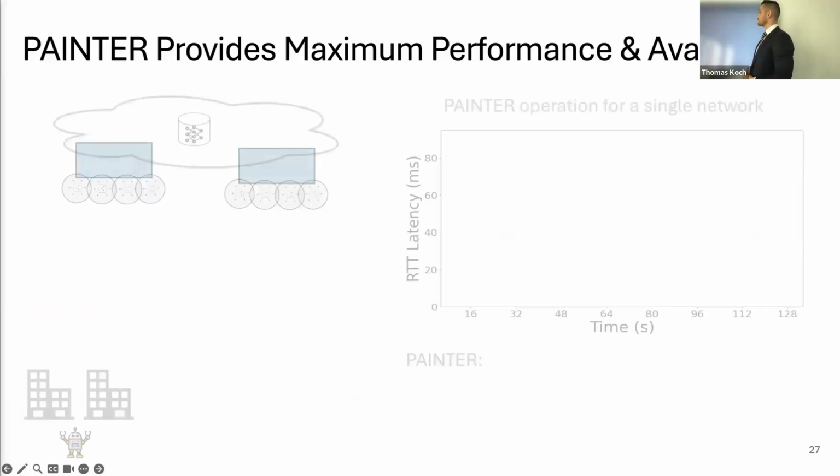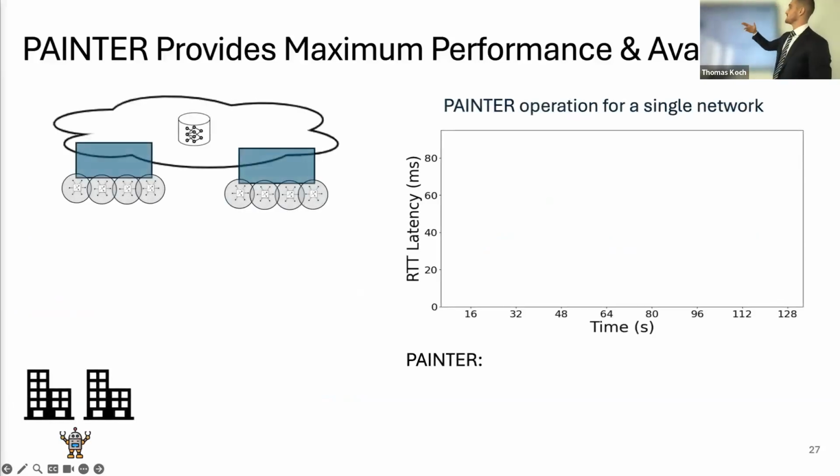I went and advertised real addresses in the internet and measured real performance. What I'm going to show you is how Painter can improve performance and availability from the perspective of a single enterprise network. But these are real experiments, real routes on the internet. This graph is going to be a latency time series for that given enterprise's network.